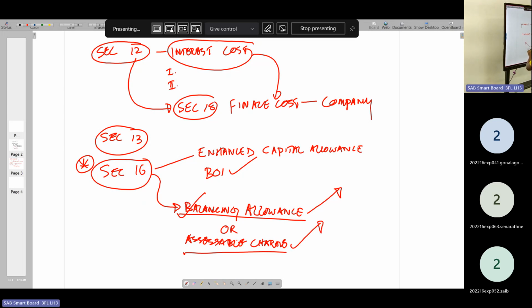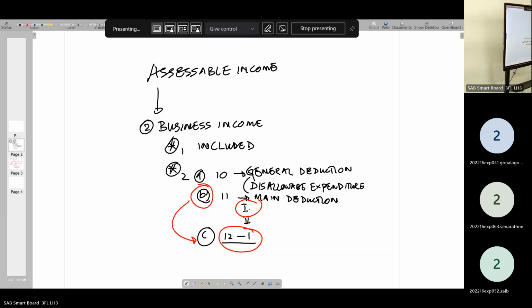Further, assessing that amount, when we work out the business income under section 10, it says no deduction is allowed for provision. Therefore, the depreciation provision made in the financial statement as per the accounting reporting framework is not deductible, but capital losses we can claim.